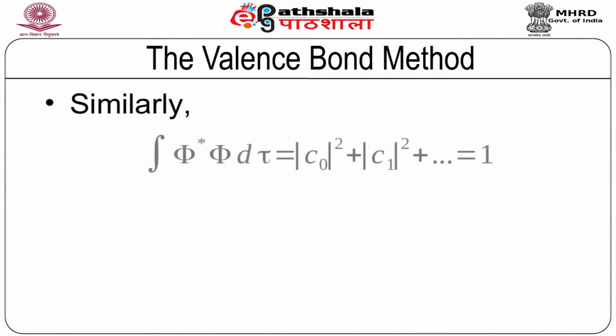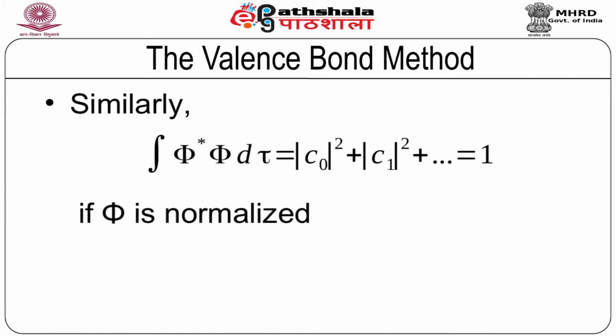Similarly, the integral of phi star phi d tau equals mod C0 square plus mod C1 square plus other terms, and this is equal to 1 if phi is normalized.